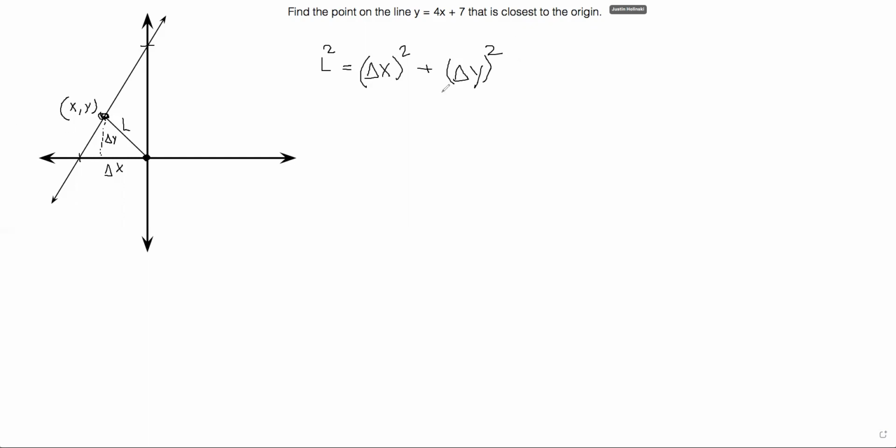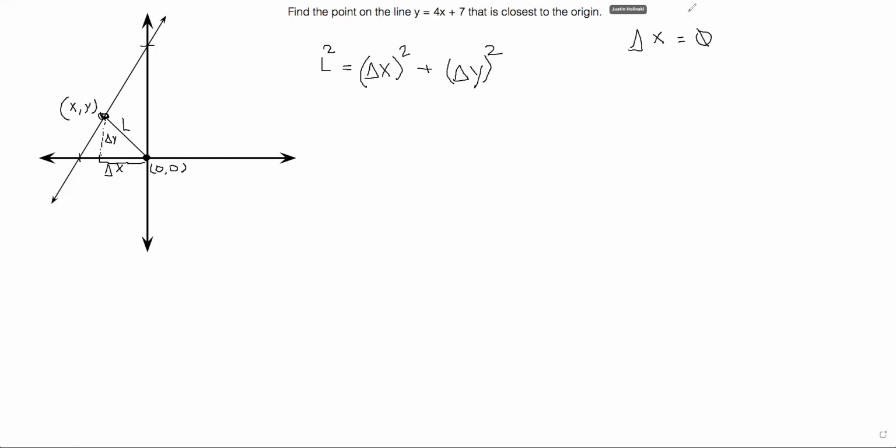So let's see if we can be a little more specific with this information. So delta x, we can say that delta x is equal to some expression. In this case, we can see that delta x is going to be equal to 0 minus x, because our origin has coordinates 0, 0. So this is going to be 0 minus x.